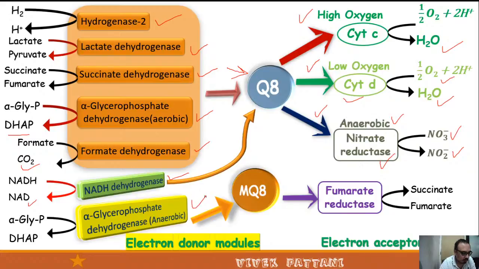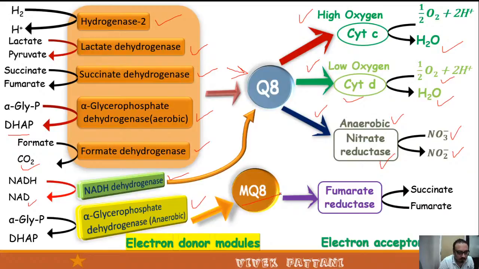The last dehydrogenase enzyme, under anaerobic conditions, is alpha glycerophosphate dehydrogenase, which converts alpha glycerophosphate into dihydroxyacetone phosphate. But now electrons will be transferred to MQ8, which is a menaquinone.